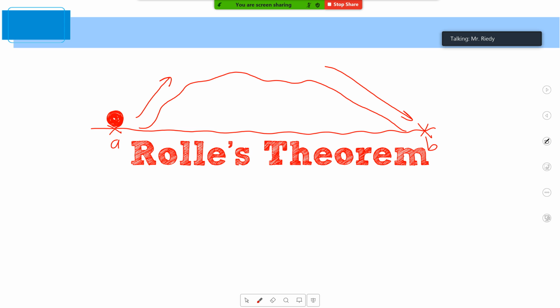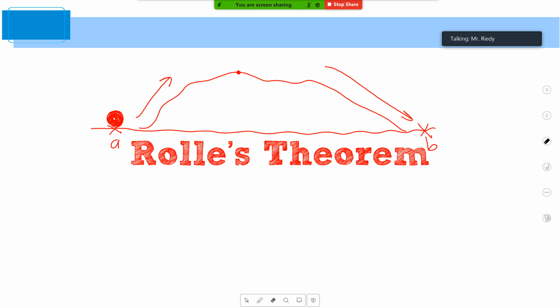Now, it is possible that I could hit a top a couple times. Let's say my hill looked like this. That's not something you'd want to roll a boulder over, but you could hit it. But at least one point, I have to hit the top of the hill, the high point of the hill. It appears that it's here. Understand the concept?